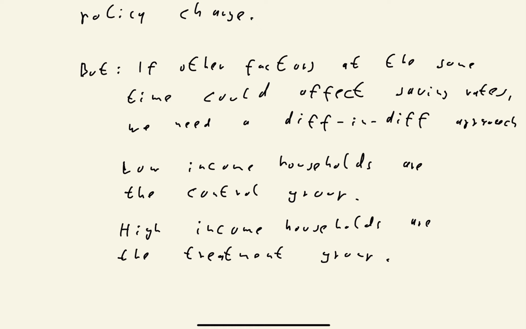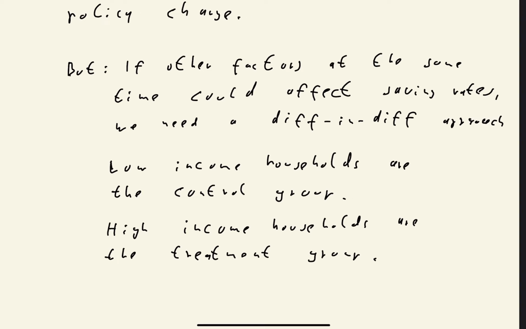If this is the case, then by using this difference approach, we can isolate the effects of other reforms on the behavior and saving rates from this policy change where we introduced this insurance program for high income households. And by doing this, we can really get the isolated effect of the policy change.